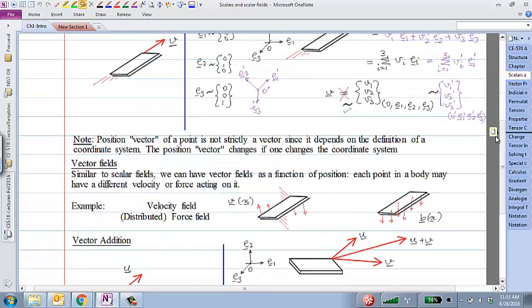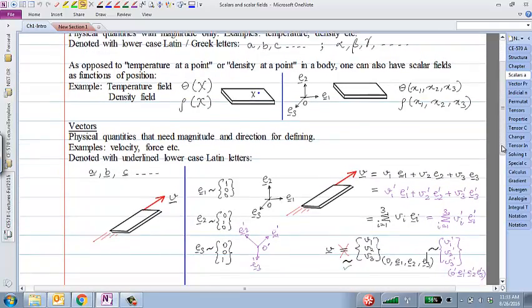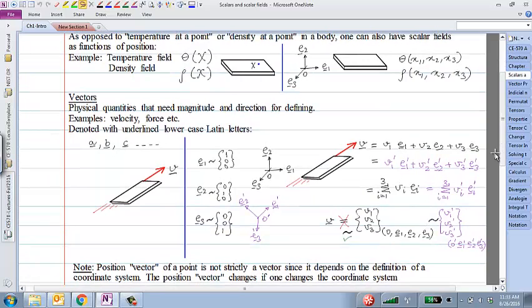And we also looked into the notation for scalars and vectors. And I showed you a precise notation in which we will be working with vectors. I think that bears repeating here. If we have a vector v, we are going to, of course, denote that with an underline. In terms of components, v1 is a scalar. It's the component along e1. v2 is a scalar along the e2 unit vector, and so on.